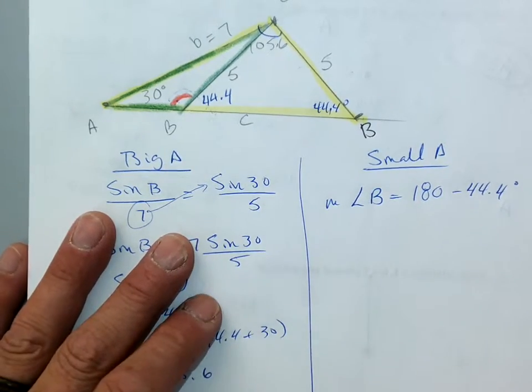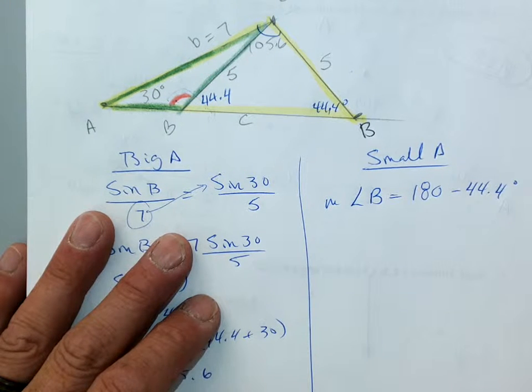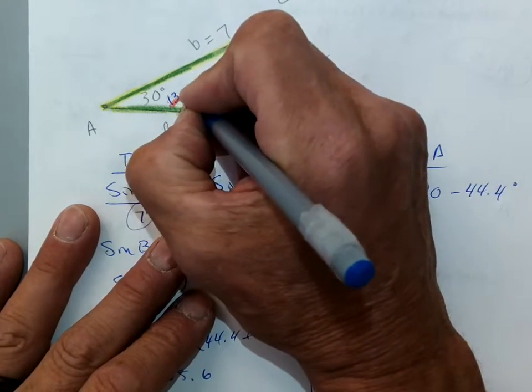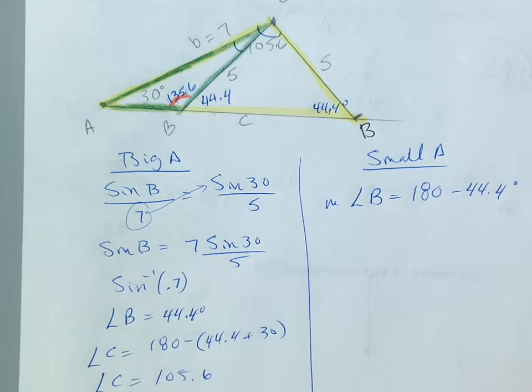So let's subtract 180 minus 44.4, and then I get an angle of 135.6. Now, angle C is no longer 105. In fact, it's much smaller. Angle C is not 105. It's much smaller.